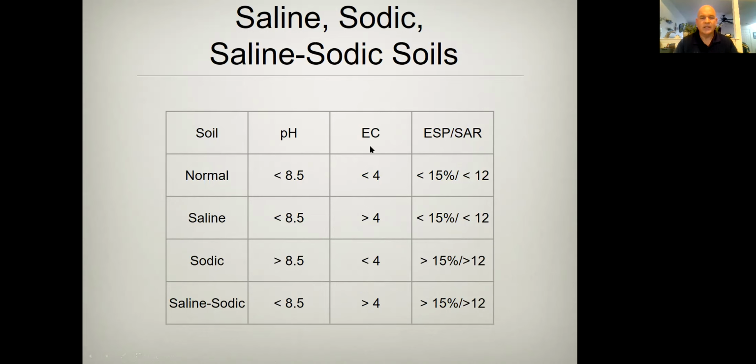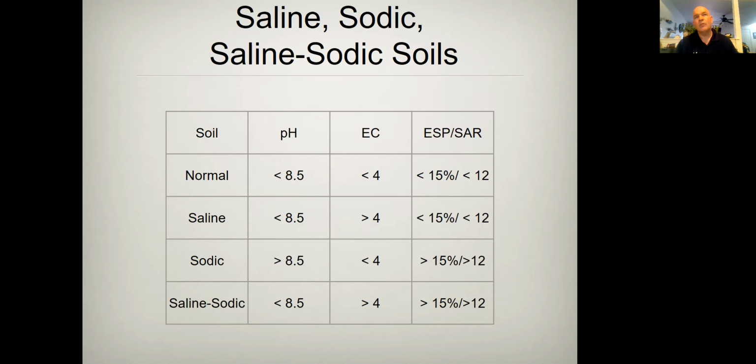A normal soil has a pH of less than 8.5. EC, which is electrical conductivity, we use as a measure for salts because salts dissolved in the soil water conduct electricity. So the more salts, the higher the conductivity. So normal soils, less than 4. And then we have this ESP or SAR, which is the exchangeable sodium percentage or the sodium adsorption ratio. Those are two different tests.